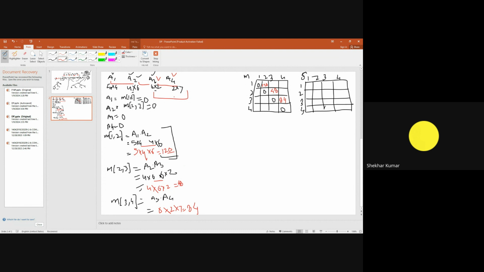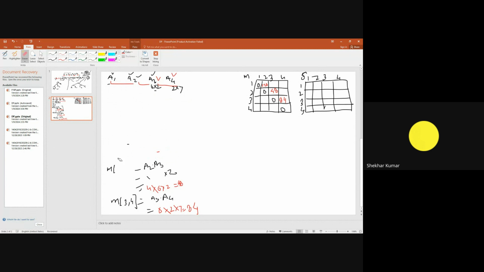Then I will multiply three matrices, A1, A2 and A3. So how will I calculate this?